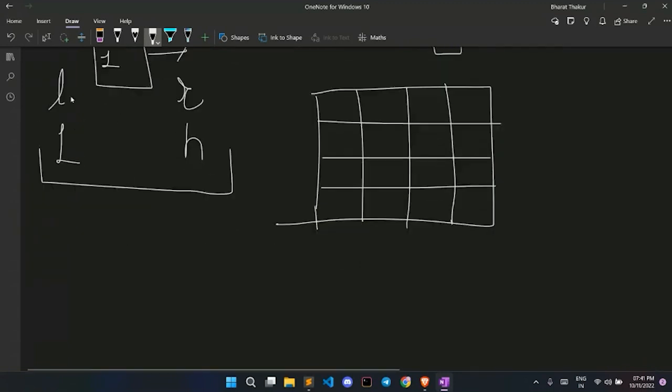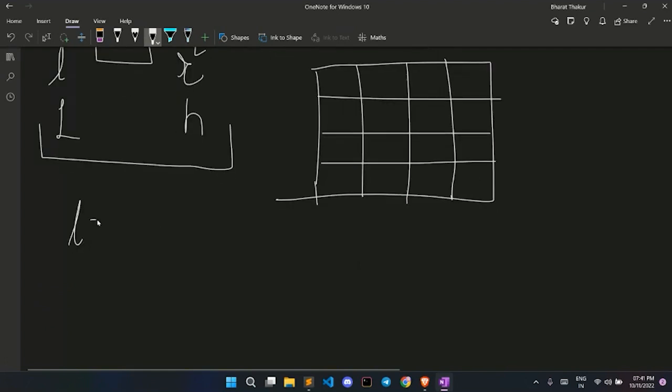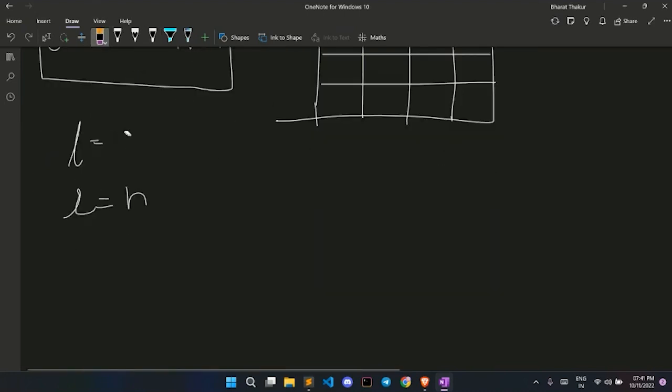We will use two variables, L and R. Let's assume 0-based indexing, so 0 to n minus 1. The values here will be L is equal to 0, R is equal to n minus 1.